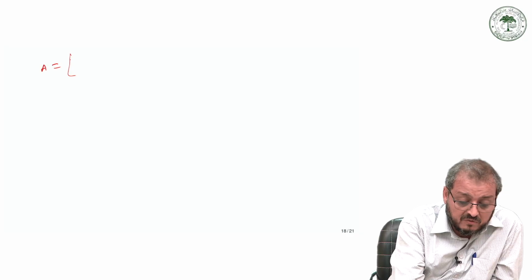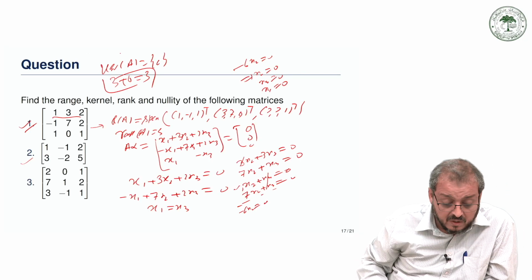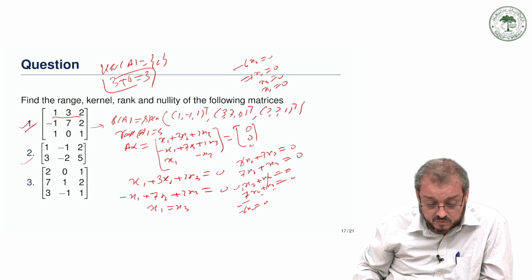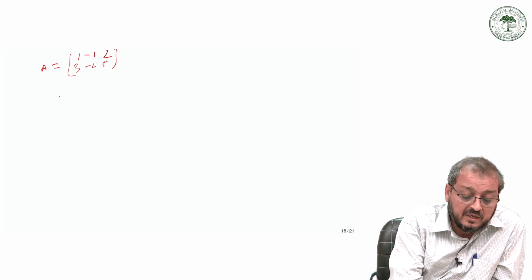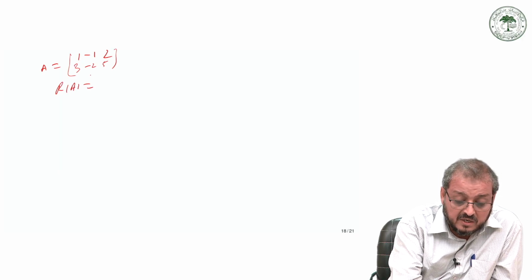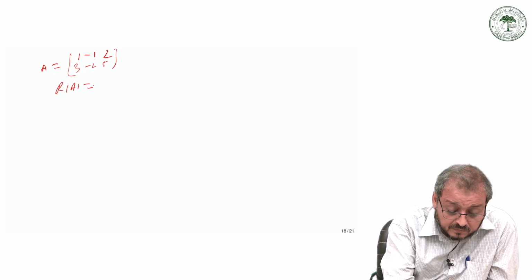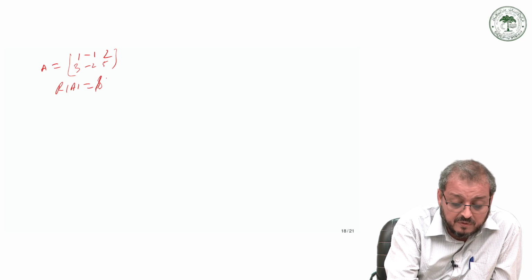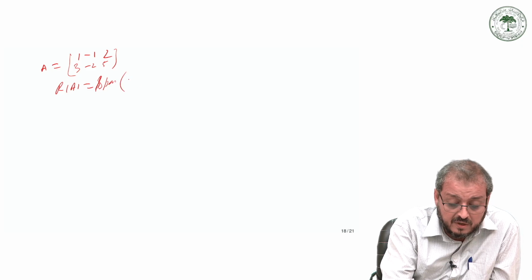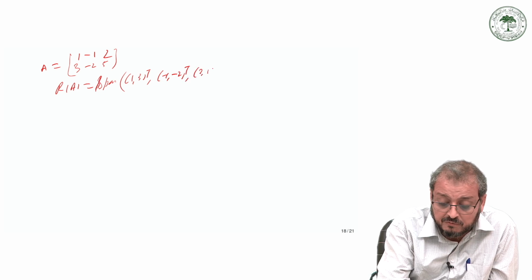So I just write a matrix here. A is equal to, you have 1 minus 1 2, 1 minus 1 2, 3 minus 2 5, and then 3 minus 2 5. Then clearly the range of A, if we write it as the column vectors, is the span of (1, 3) transpose, (-1, -2) transpose, and (2, 5) transpose.